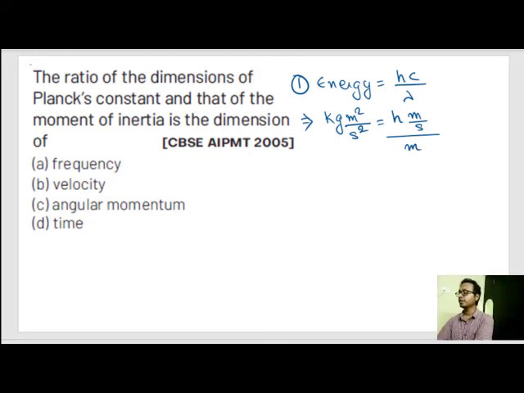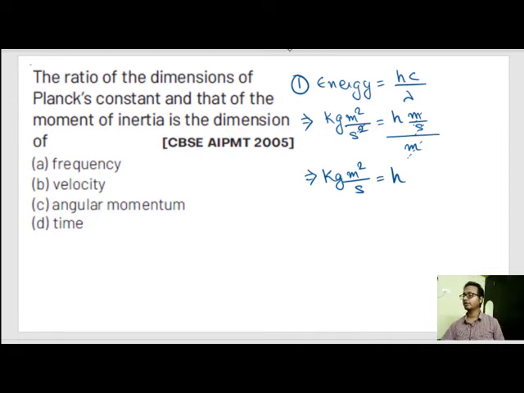Okay, so this m and this m get cut out, and this s and this s square get cut out. So kg meter square per second is equal to h.